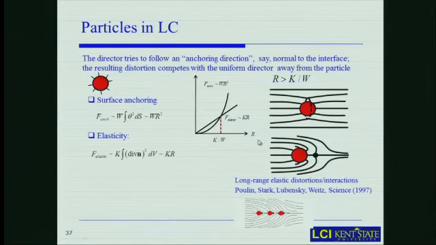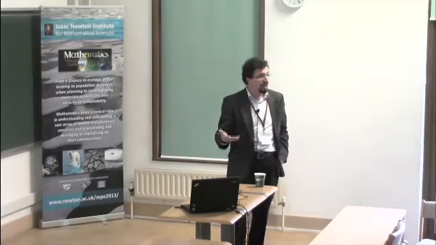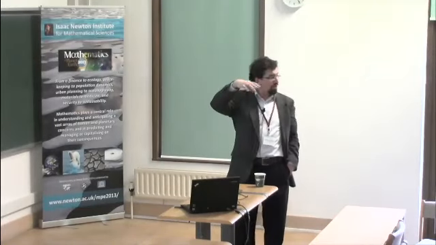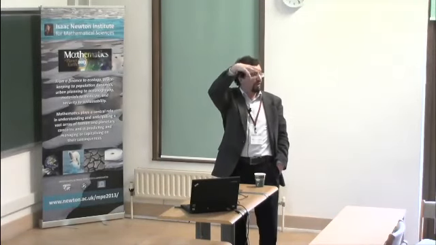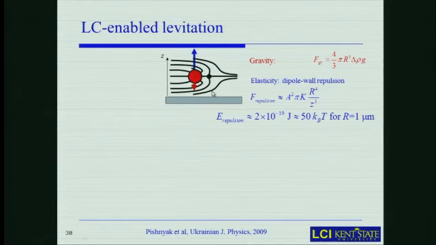But if you consider what would happen with these director distortions when there is a boundary, you would realize that the director distortions would help the particle to levitate in the bulk, because whenever you want to bring the particle closer to the surface, these director distortions will be enhanced.